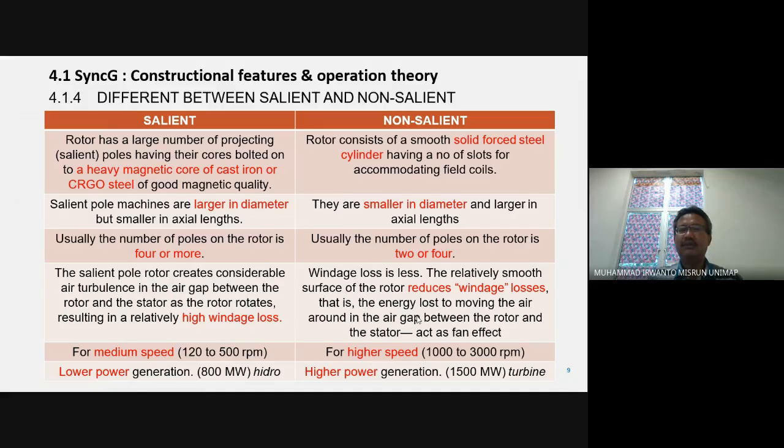So we can conclude that the non-salient, which we can also call the turbo generator, has a higher capacity than the salient rotor generator.